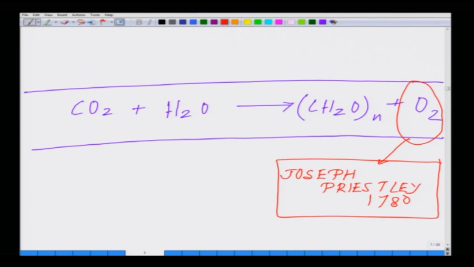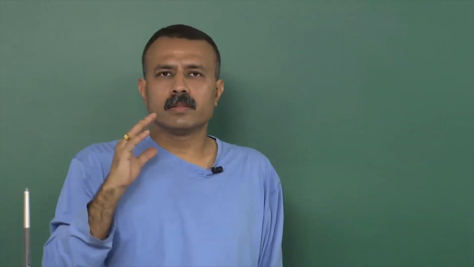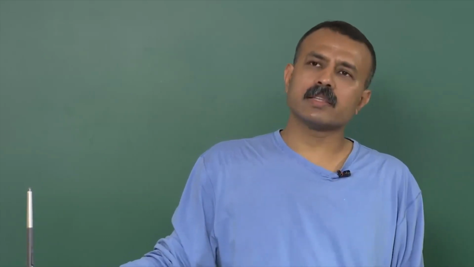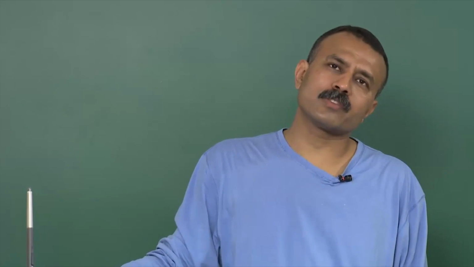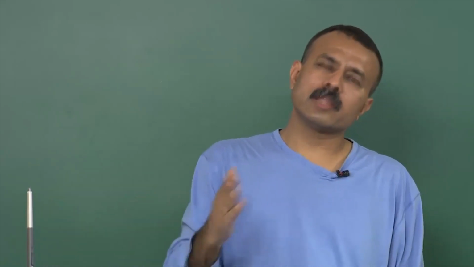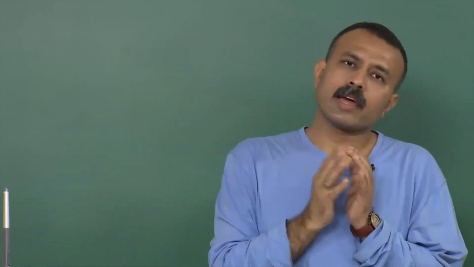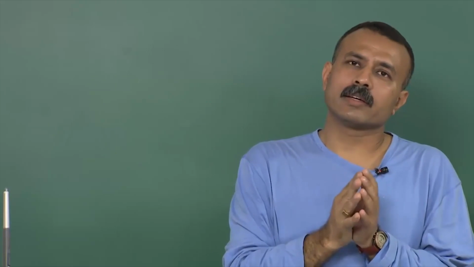The next one to follow was the discovery that this process requires light, by a gentleman called Jan Ingenhousz. He discovered that this process can only happen in the presence of light. So in the last class, when I told you that photosynthesis could be divided into light reaction and dark reaction, this light reaction's dependence on light was also discovered.